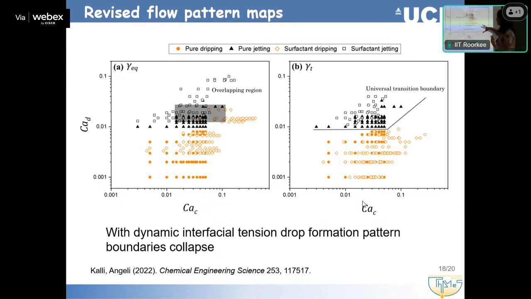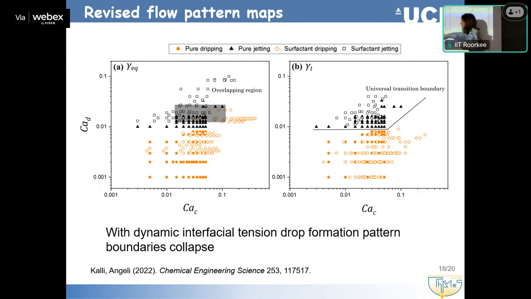What I found more interesting is going back to this map. Because these dimensionless numbers worked, we talked a lot about flow pattern maps in the beginning. This is a map of the drop formation regimes. So we have here the dripping and the jetting regime. All these yellow and orange are dripping, and the black ones are the jetting regime.